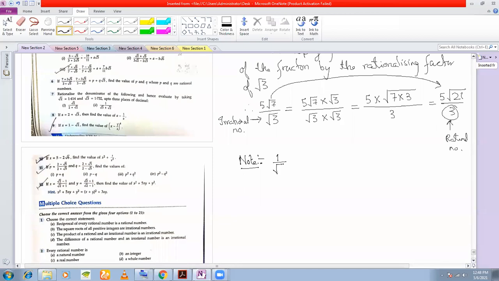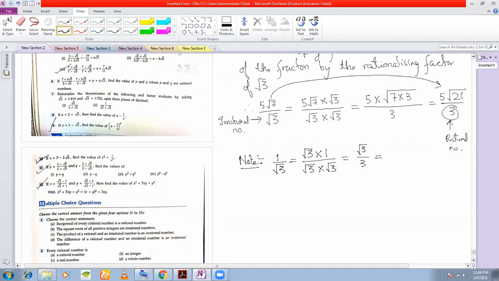Suppose 1 by root 3 is given to you. Here also the denominator is irrational. So in order to rationalize, you multiply the numerator and denominator by the rationalizing factor, which is root 3. So what you get here is root 3 by 3.